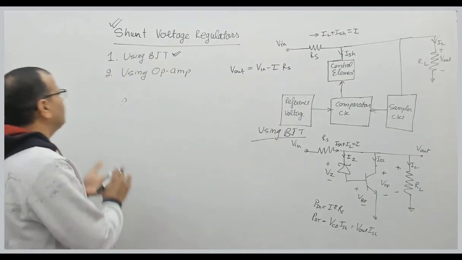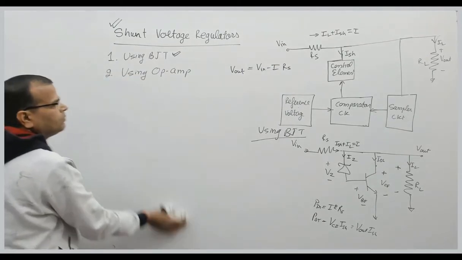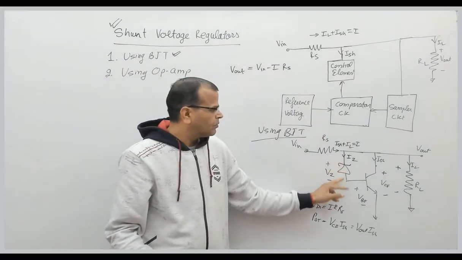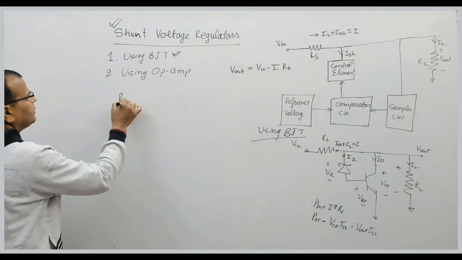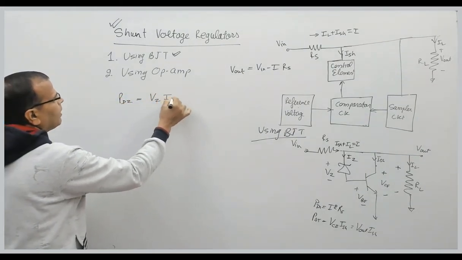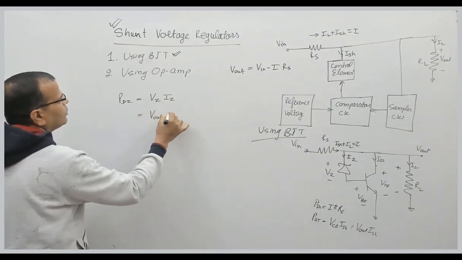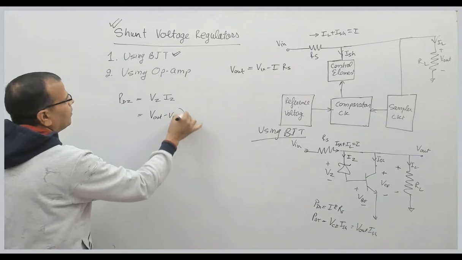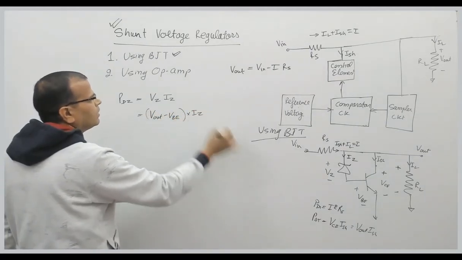Similarly, what will be the power loss in your Zener diode? The power dissipation in the Zener diode will be Vz multiplied by Iz. What is Vz? Vz is V out minus VBE, multiplied by the current through the Zener diode.